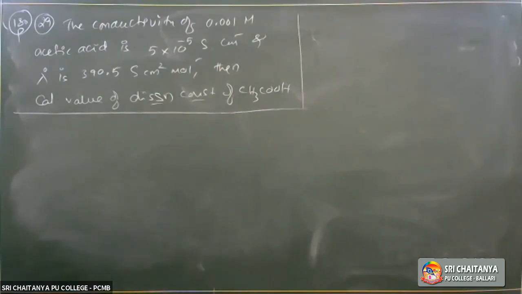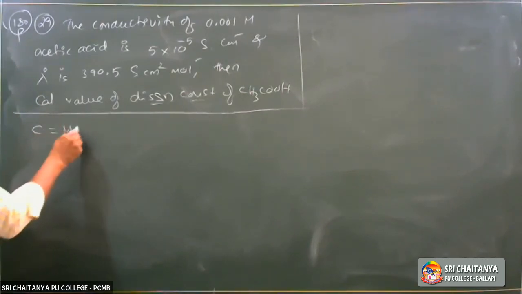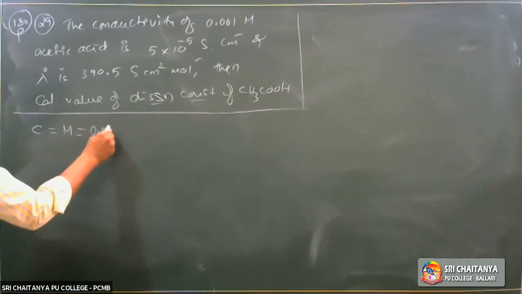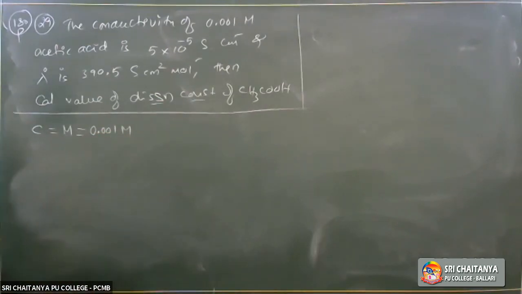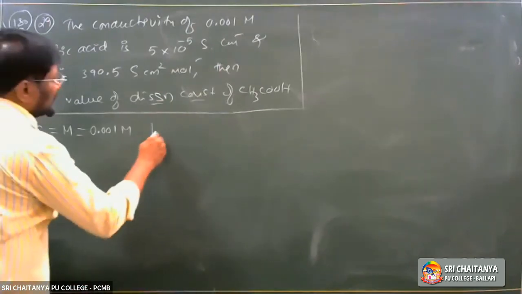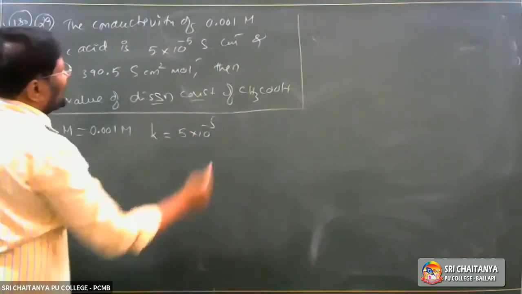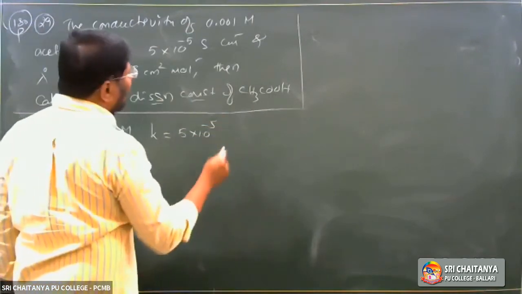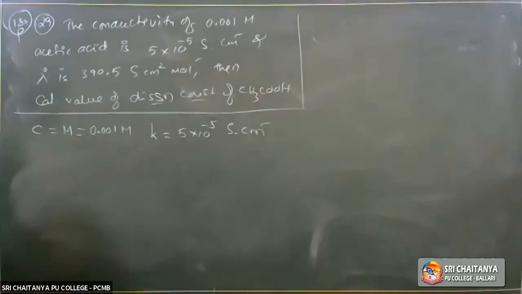Now what all is given? Concentration is given: 0.001 M. Next, conductivity K is given: 5 into 10 power minus 5 Siemens centimeter inverse.